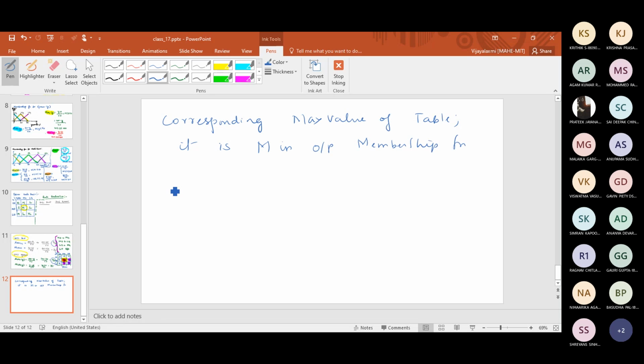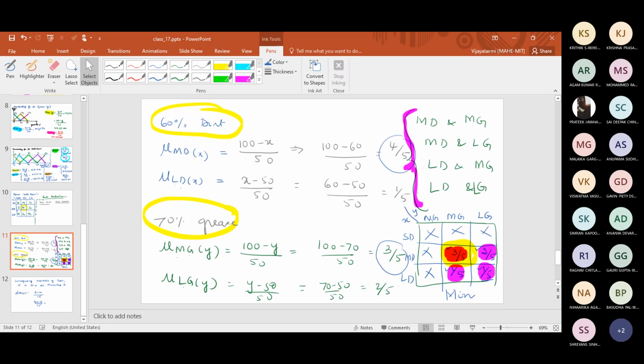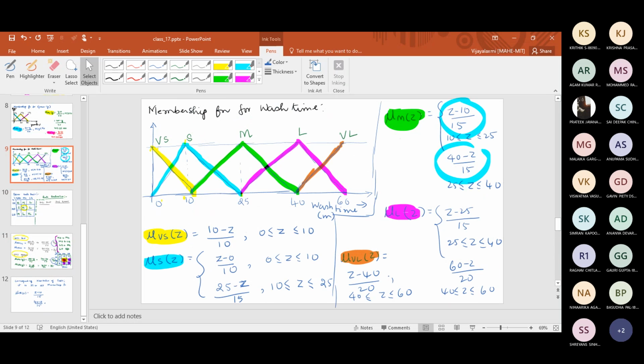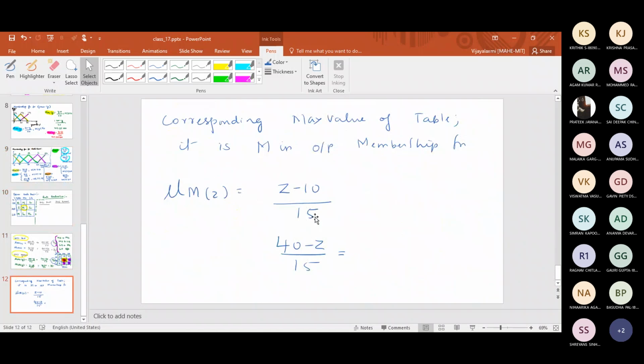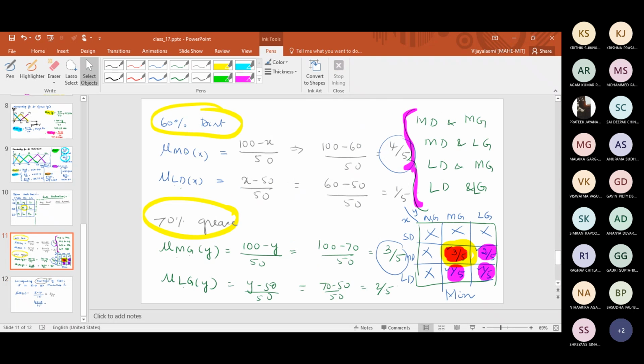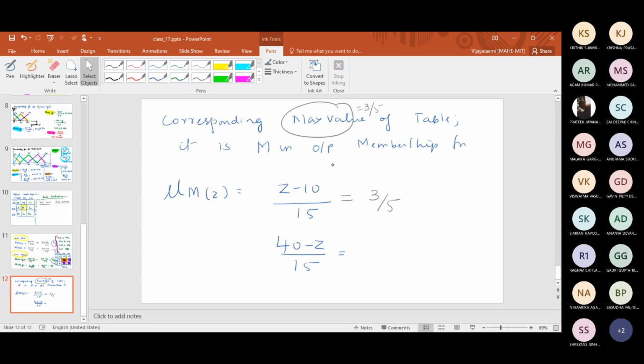So the output membership function mu M of Z is Z minus 10 by 15 and 40 minus Z by 15. Am I right? Corresponding to this, you substitute the max value, that is 3 by 5, which you have taken from the table.